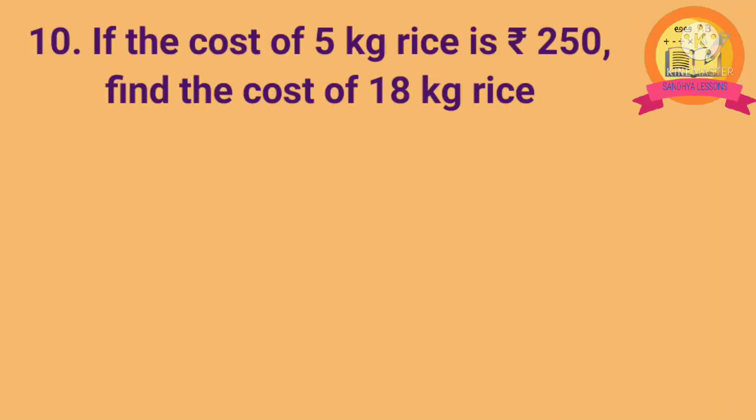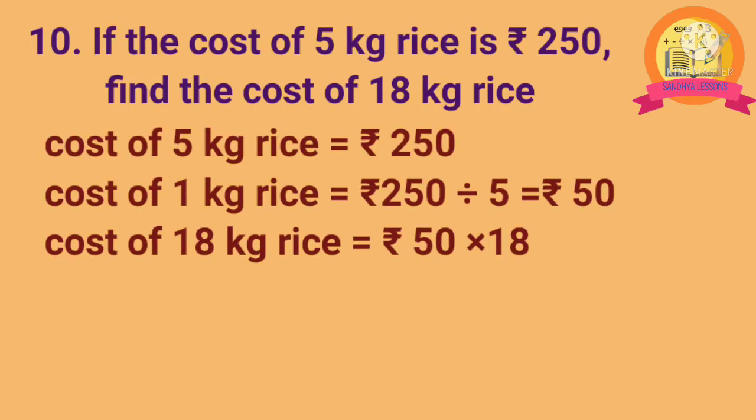Tenth problem. If the cost of 5 kg rice is 250 rupees, find the cost of 18 kg rice. In the question, cost of 5 kg rice is given and we have to find out the cost of 18 kg rice. Solution. Cost of 5 kg rice is equal to 250 rupees. Cost of 1 kg rice, we can get this by dividing 250 by 5.